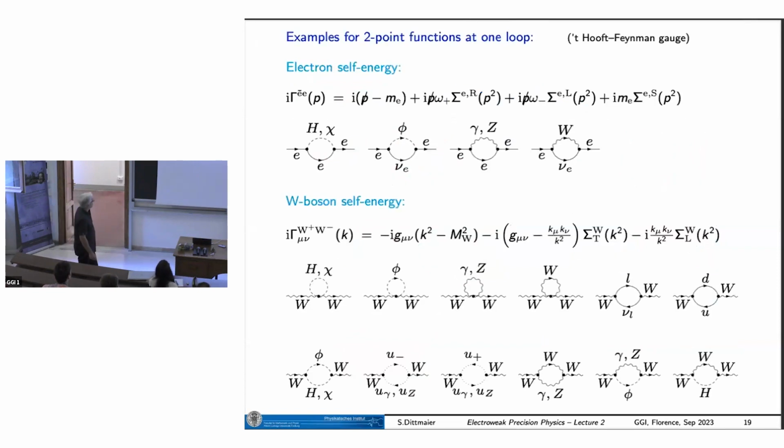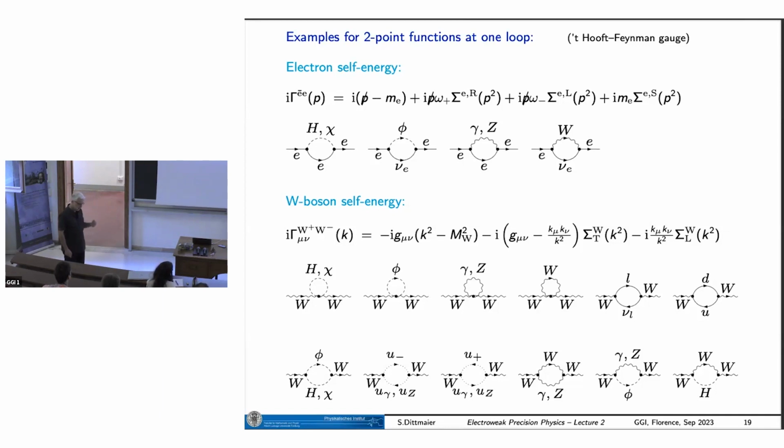So giving you some examples, what you need very often is, of course, the electron self-energy. Whenever an electron is, for example, an external state, like it's happening when you look into observables for e plus e minus physics, you always have to calculate the self-energy and the renormalization constants that come from it.